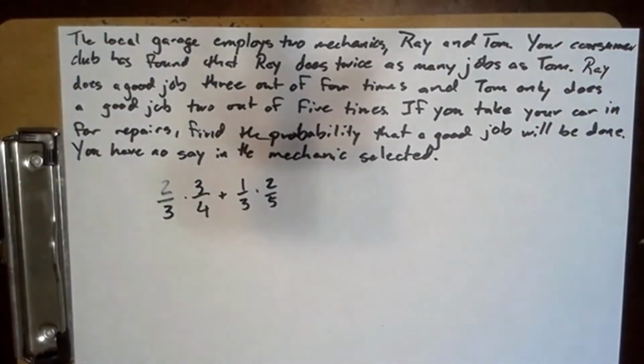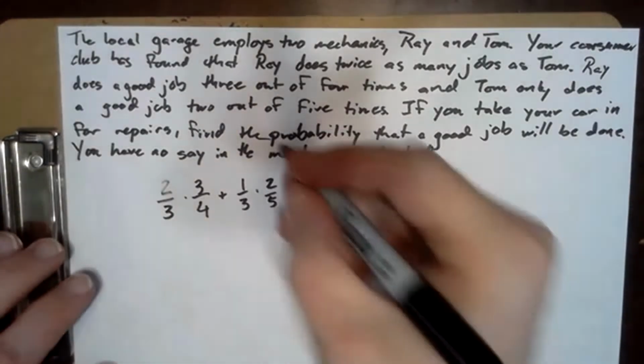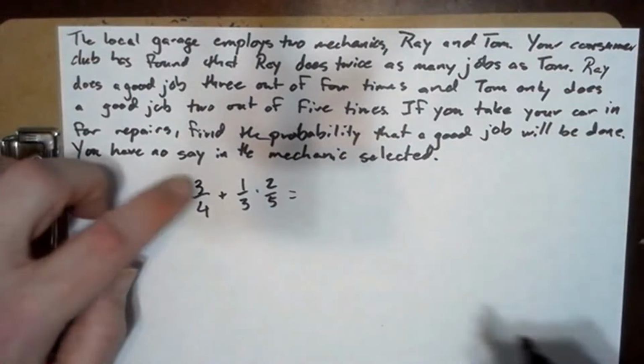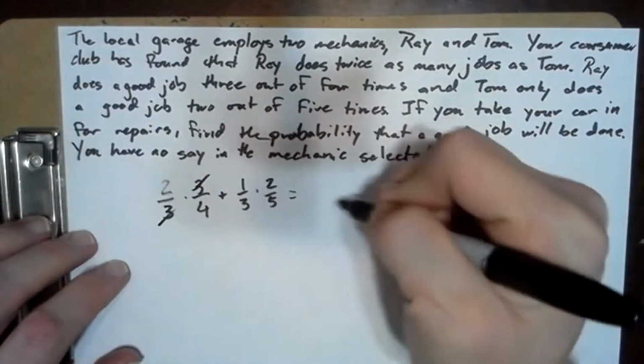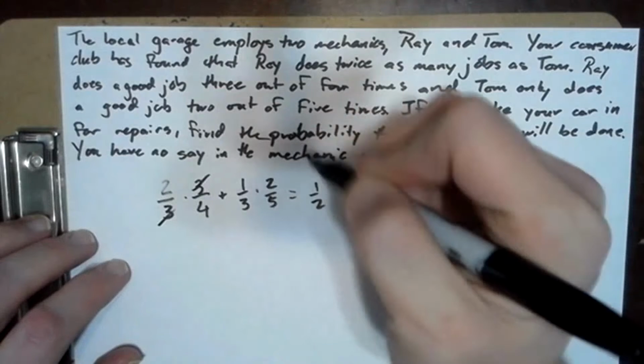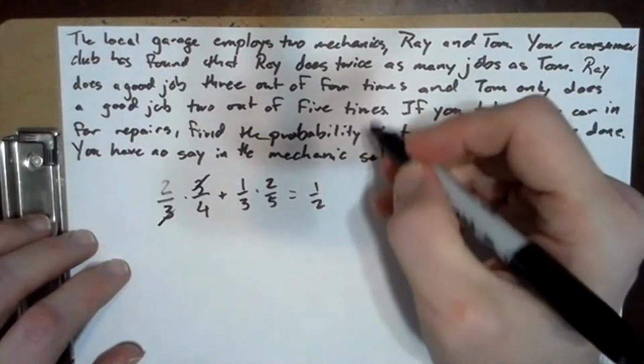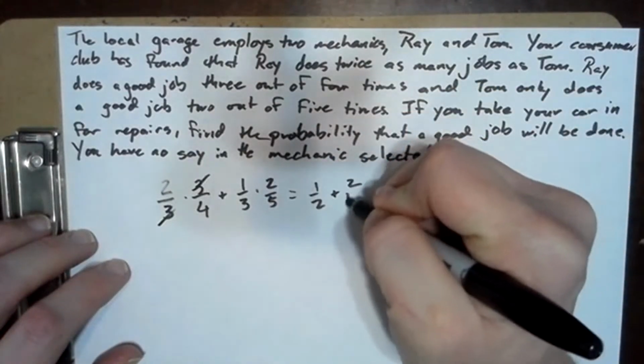Really hoping that we get Ray here, but even if we do, I'd rather go to a more reliable mechanic personally. 2/3 times 3/4 is 1/2. 1/3 times 2/5 is 2/15.